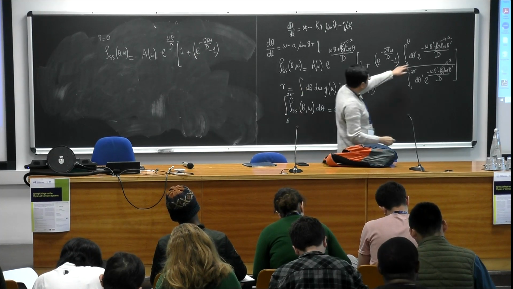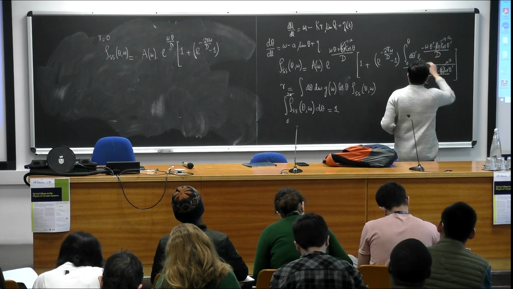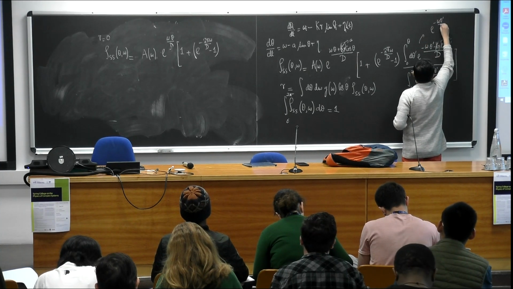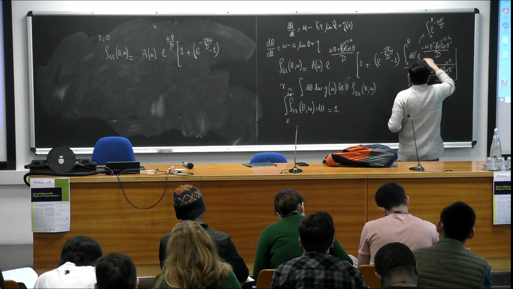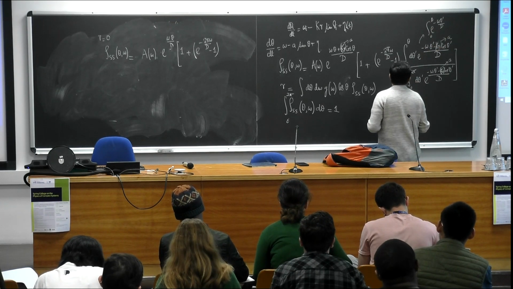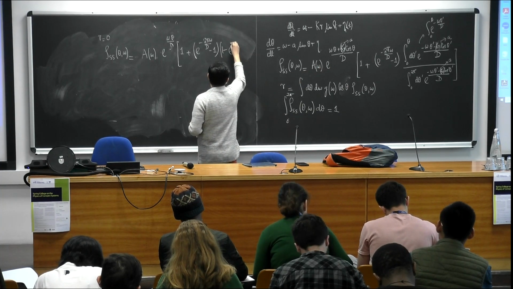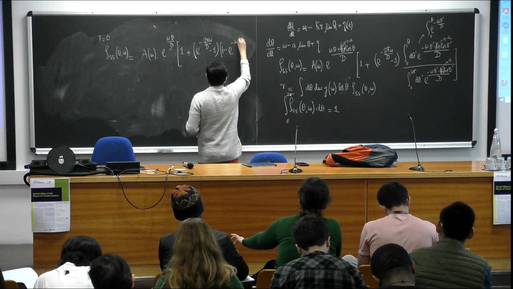This would be e to the power minus omega theta prime by D because R is 0. So this integral will be e to the power minus omega theta prime by D from 0 to theta. So if you do it, you get what? 1 minus e to the power minus omega theta by D.